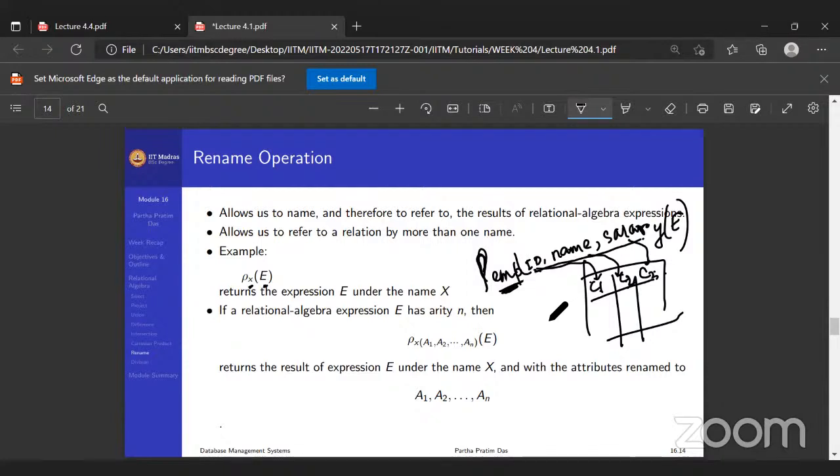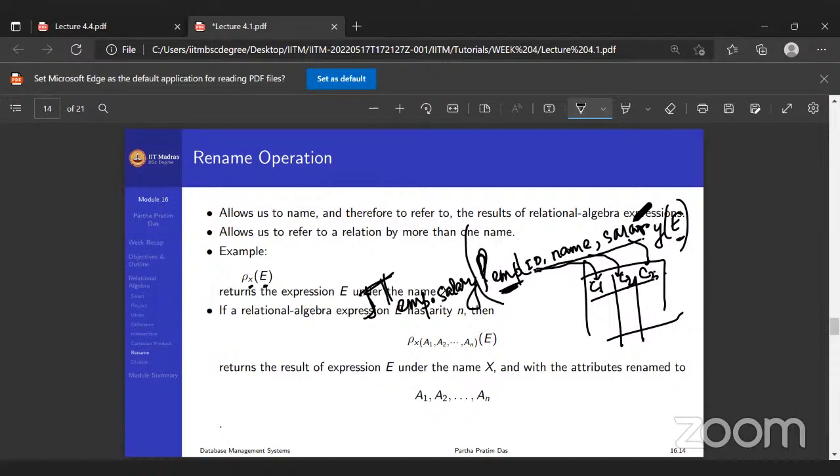So if you want to project the salary, then you write this thing as EMP.salary, from this expression.